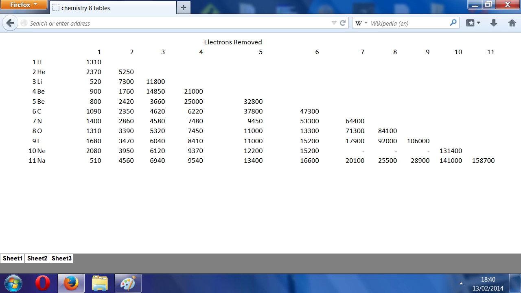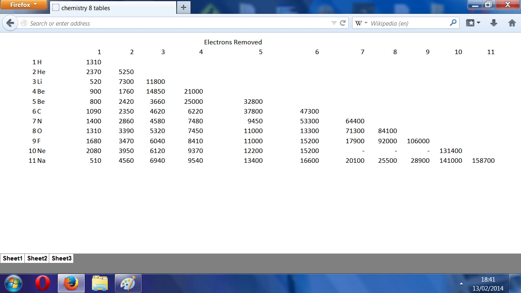That outer electron's already on the way out, already saying, get lost, beat it, basically. You don't even need to be aggressive with that one on the outside of the lithium because it's already gone. So it's just 520 kilojoules per mole. Not much energy is needed, and then boom.